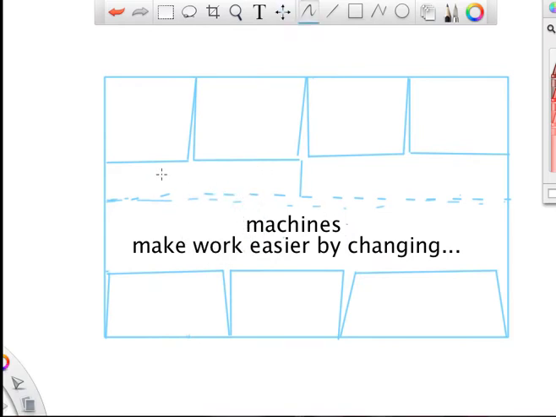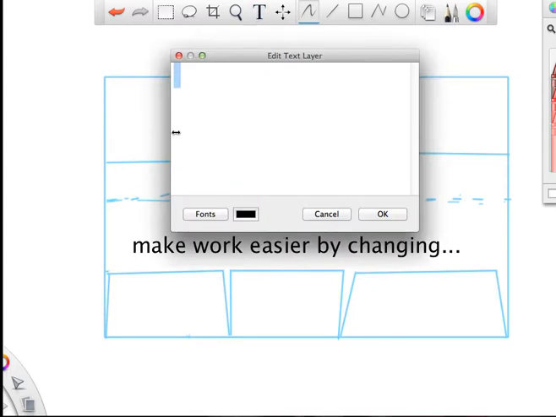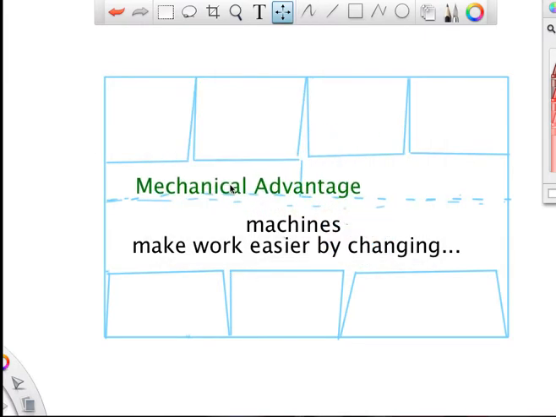Now this topic over here is going to be about mechanical advantage. I'm going to change the font, just the color, just to make it a little different. That's going to go right here.